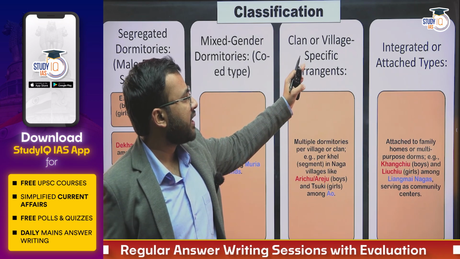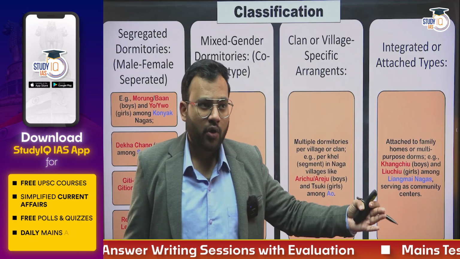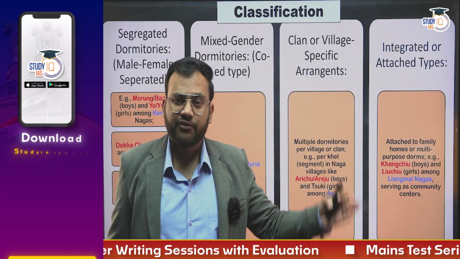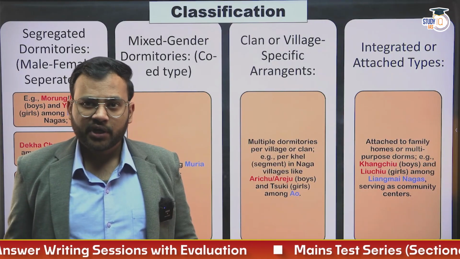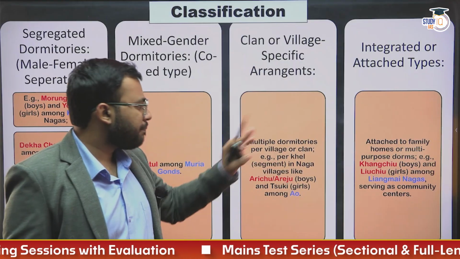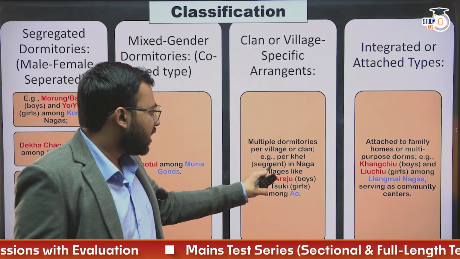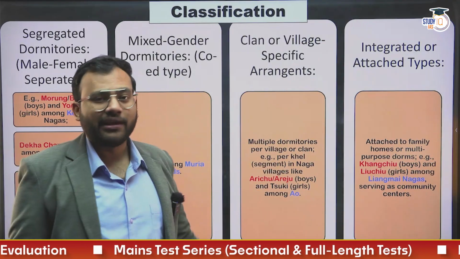Now, there are youth dormitories which are based upon the clan or the village. Every clan or a single village has a specific arrangement, a specific dormitory for them. So the same thing is written here. There are multiple dormitories per village or per clan. For example, among the Nagas, each segment or clan is called a khel.